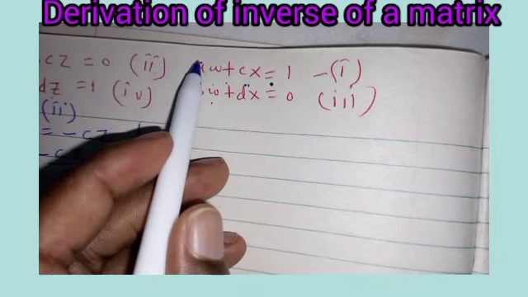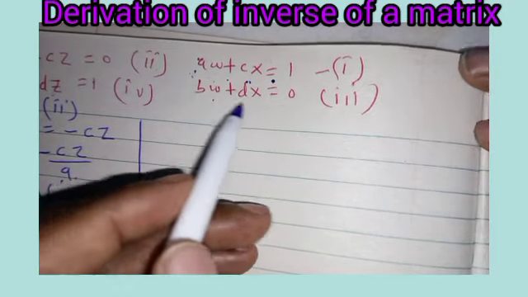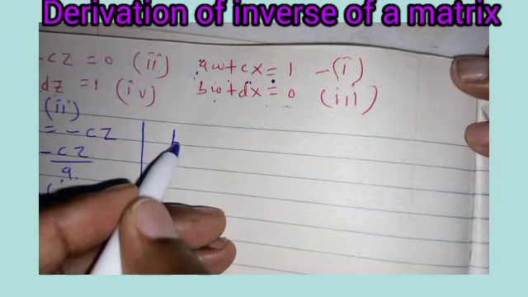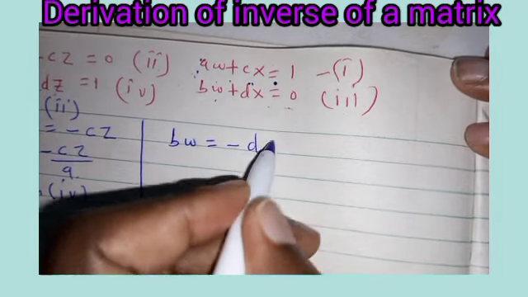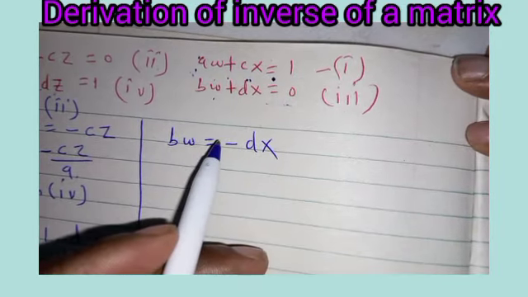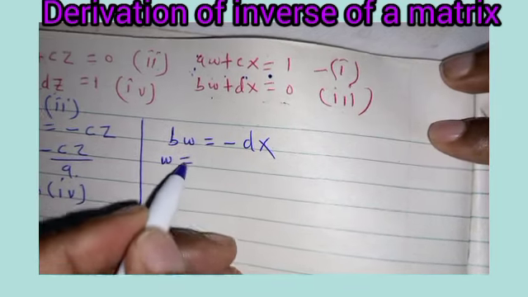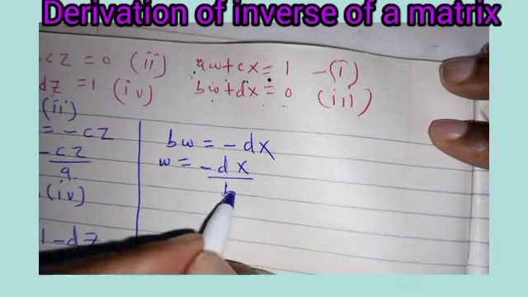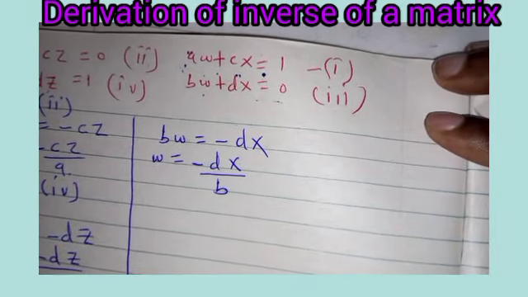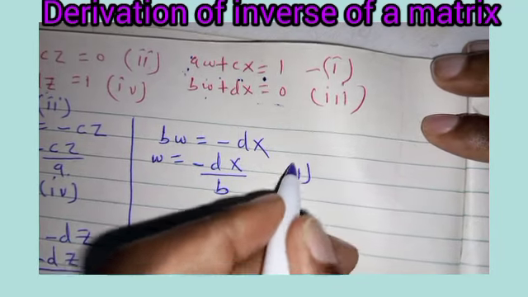From equation 4, we can begin: bw is equal to minus dx, taking this to the other side. Then, when we divide by b, w is equal to negative dx over b. You can call this equation 1.